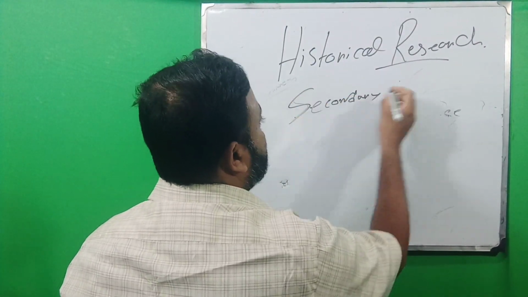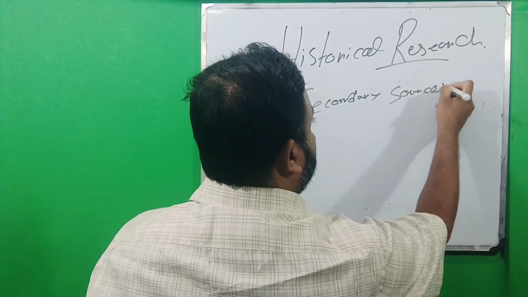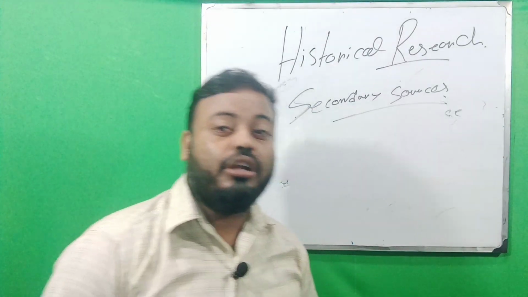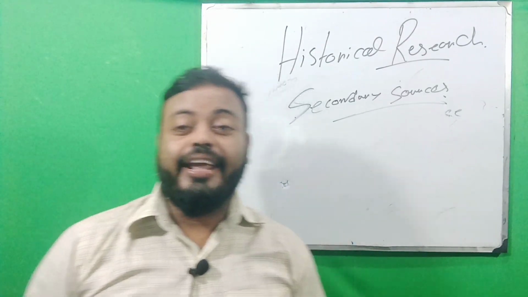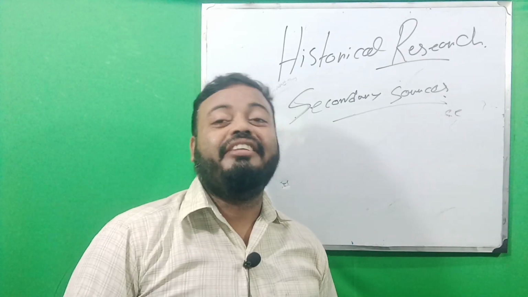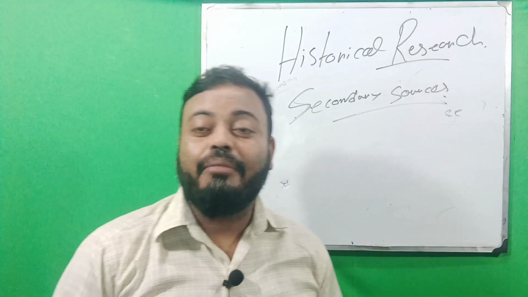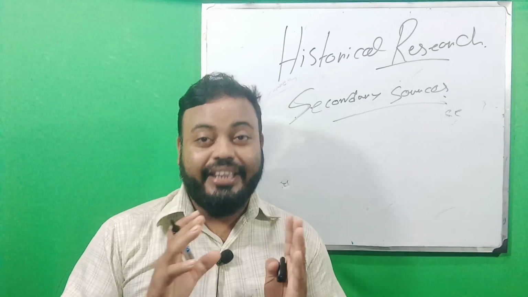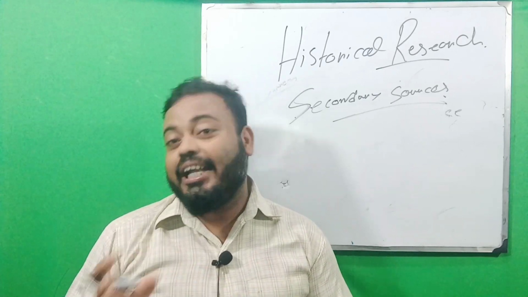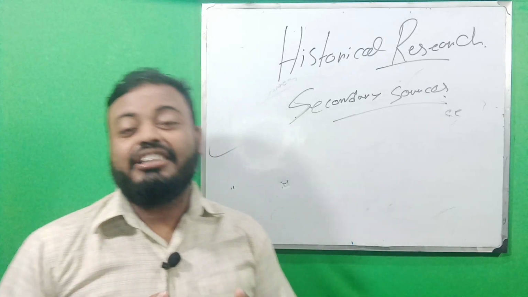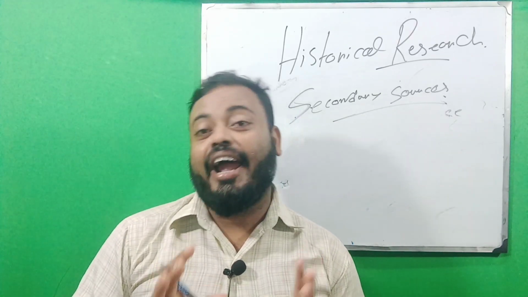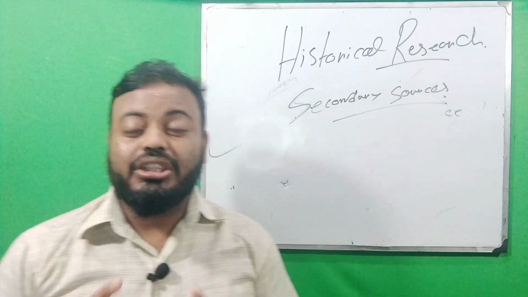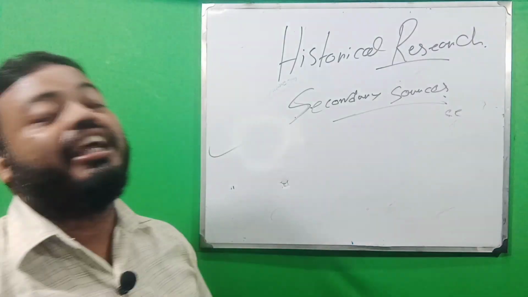Here, when a particular individual person is not directly involved in the past event which occurred previously, but he has a clear idea on this topic or matter, as well as he has read some novels, read some books and written some notebooks for those times, those are the historical research secondary sources.